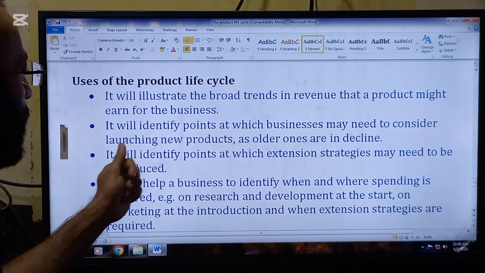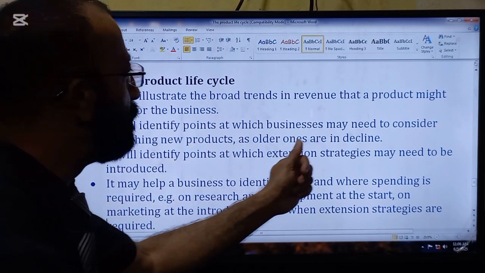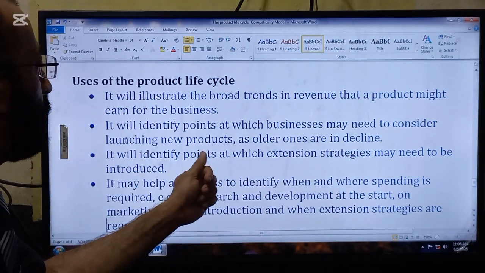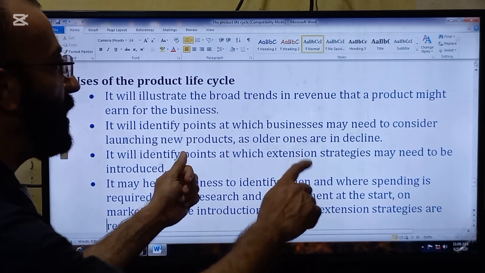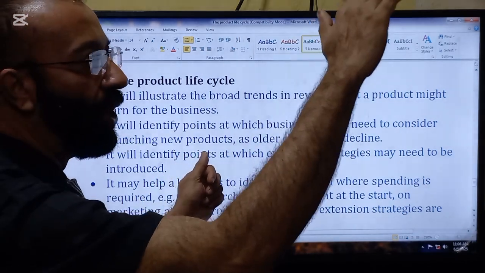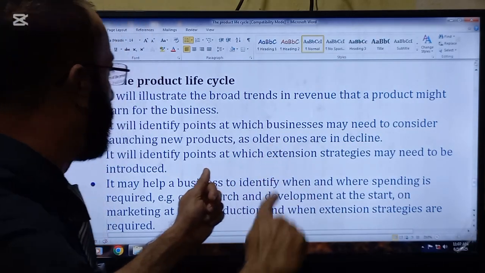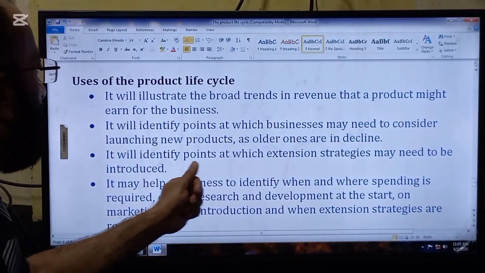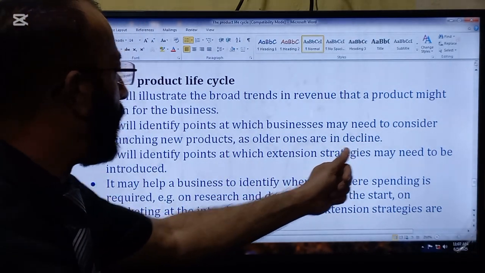The next use is it will identify points at which businesses may need to consider launching new products. Definitely the point where they think to introduce new products will be the maturity or the declining point of the previous product, as older ones are in decline.